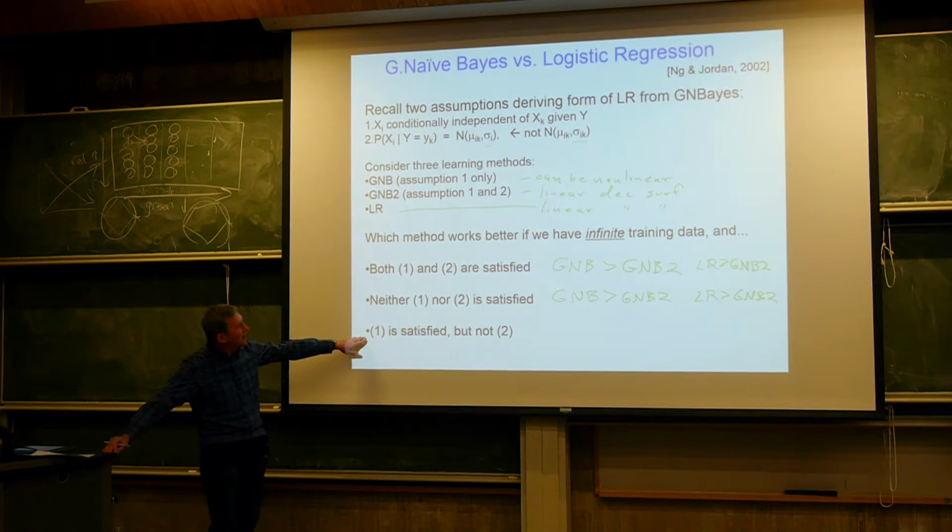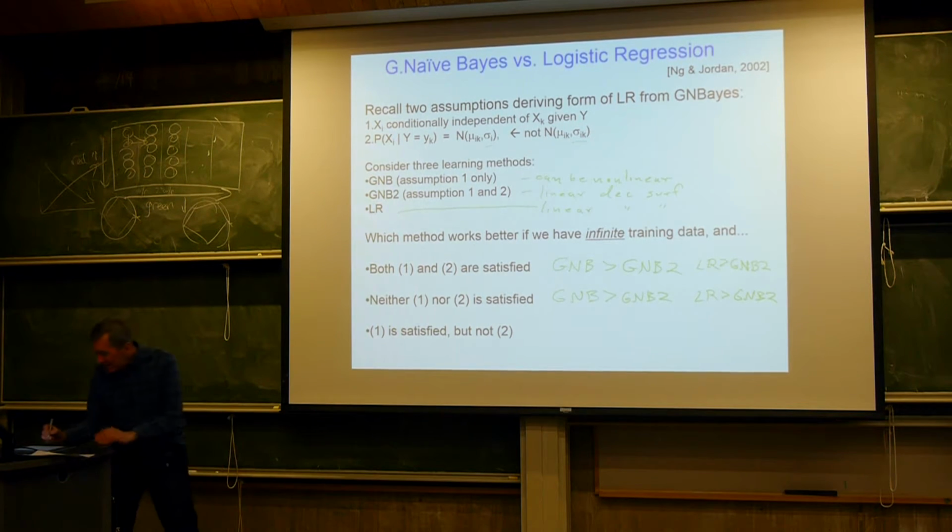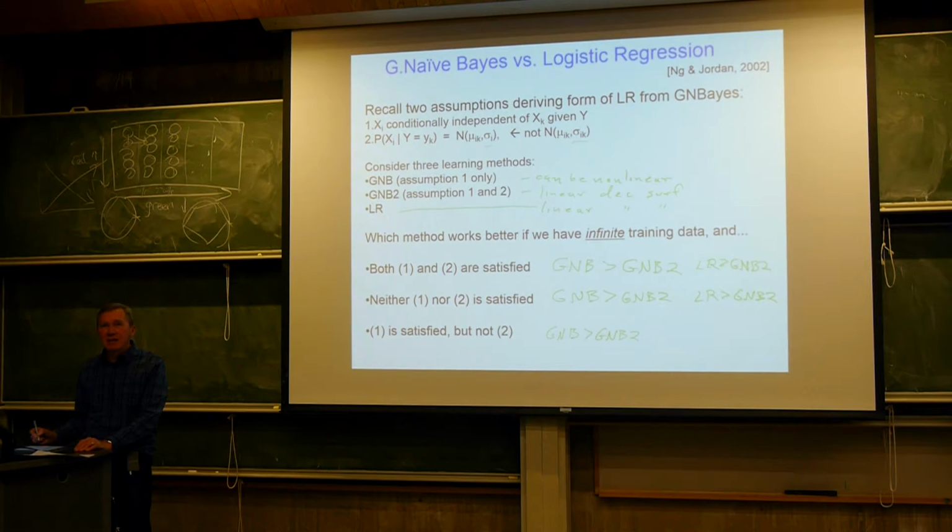And if one is satisfied but not two, then I guess just as before, GNB is going to be better than GNB2, which is making that second assumption.